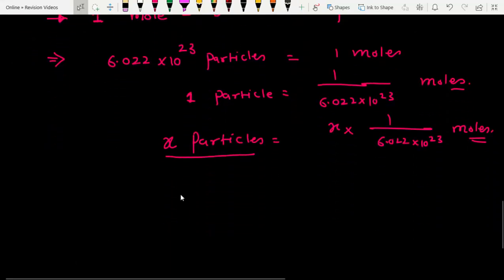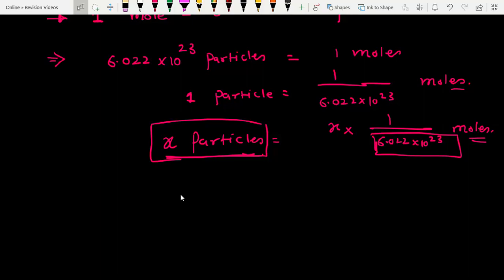It means that the number of moles of x particles is equal to the number of particles upon 6.022 into 10 to the power 23, which is also known as Avogadro's number.